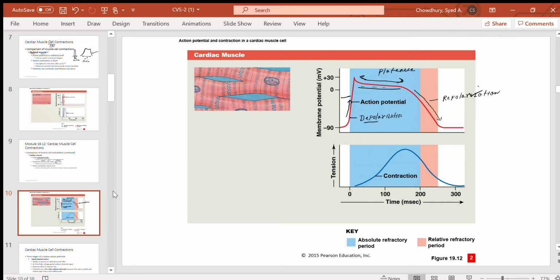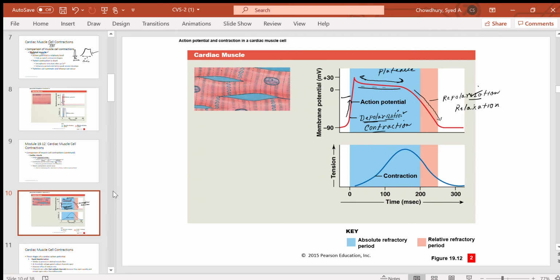Depolarization, remember, this is important. Why is it important? Because depolarization causes contraction. Okay, so very important, right? When depolarization occurs, the heart muscle contracts. Repolarization causes relaxation. After contraction, you know that heart muscle relaxes. Then again it contracts, right?